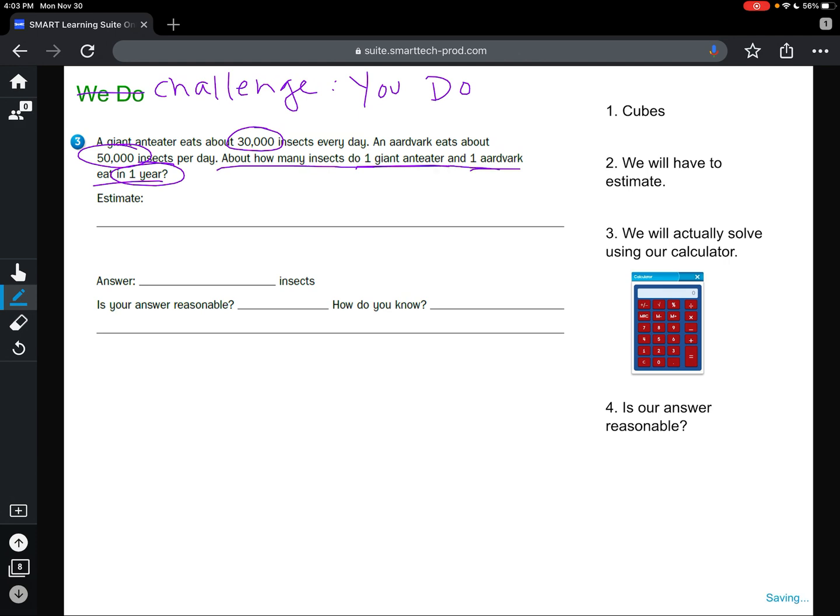When I look at my question, I know it's asking me to combine the giant anteater plus the aardvark. These are both types of animals, and that's going to give me my total, right?